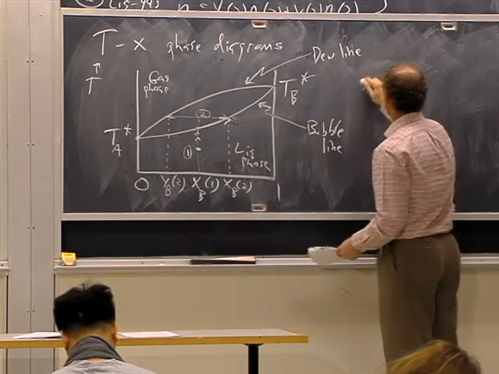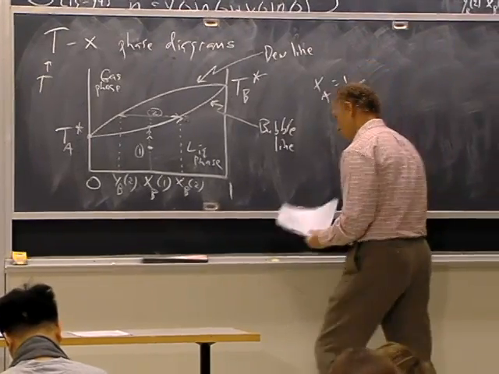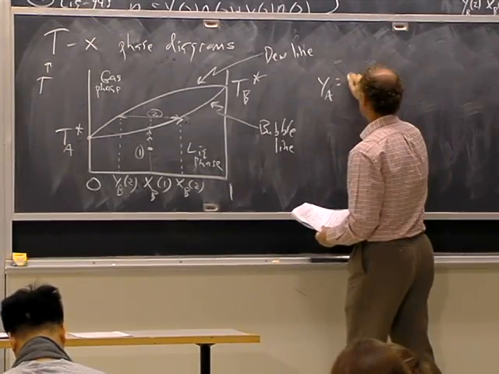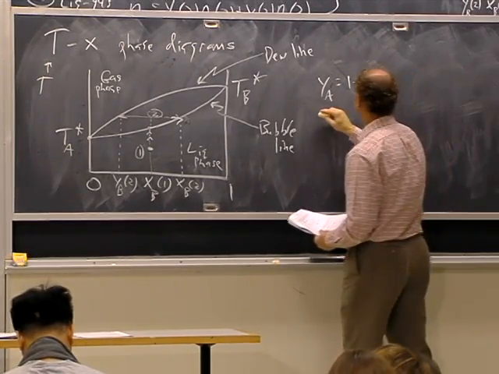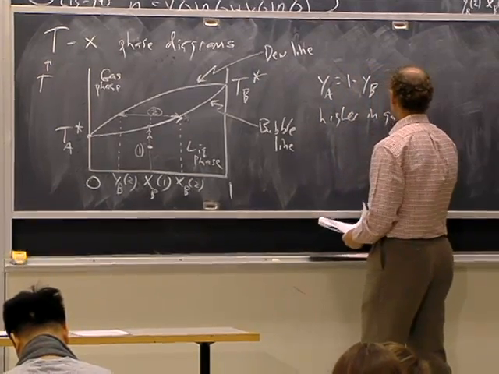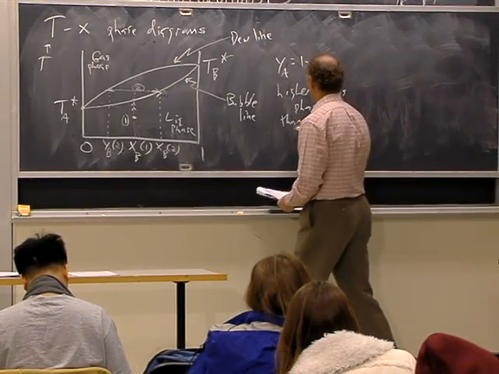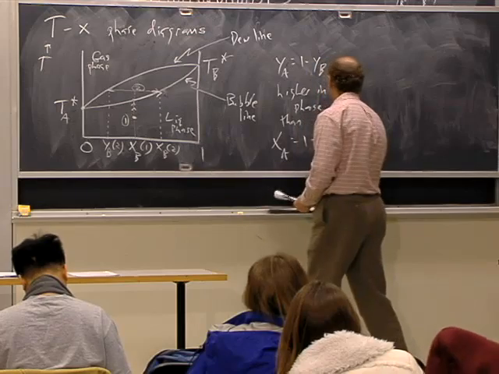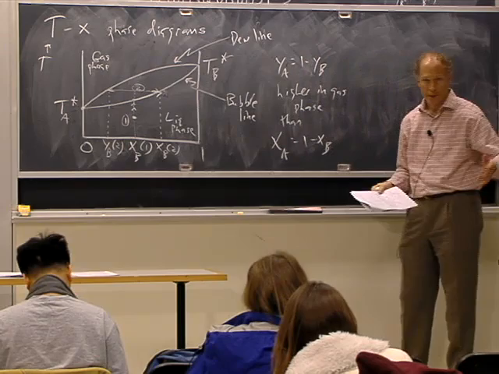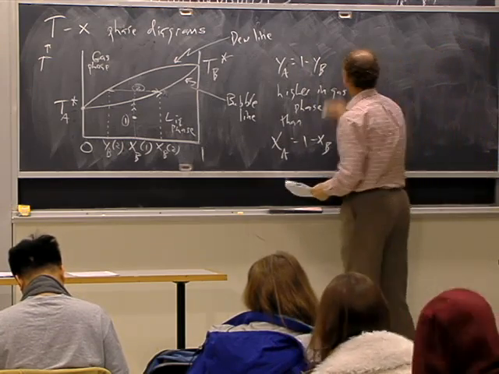So YA, which is 1 minus YB, is higher in the gas phase than XA, which is 1 minus XB. In other words, of course, the less volatile component is enriched in the gas phase.